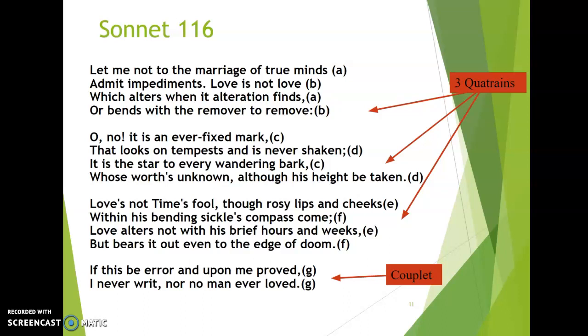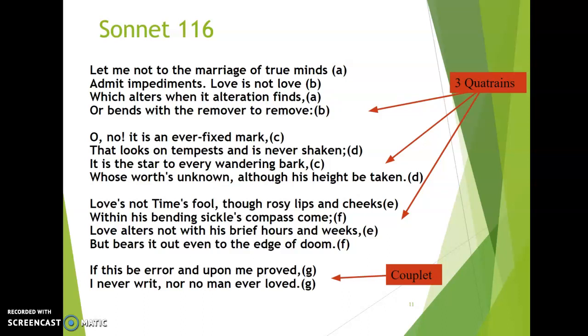If we look at this Shakespearean sonnet, Sonnet 16, here you will be able to see the rhyme scheme in place. If you just pay attention to the last words of each line, you'll see that they follow the correct rhyme scheme of A, B, A, B, C, D, C, D, E, F, E, F, and then G, G. Now you may notice that words like love and remove in the first quatrain don't necessarily rhyme, but the way Shakespeare would do this, he would bend the words a little bit, and that would alter the way that they are pronounced.